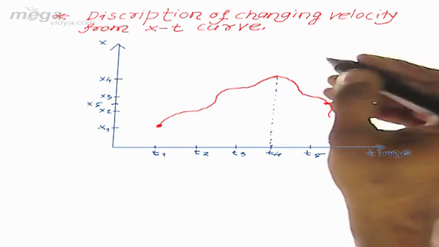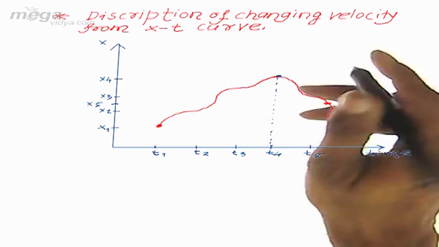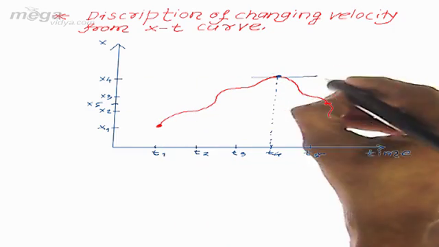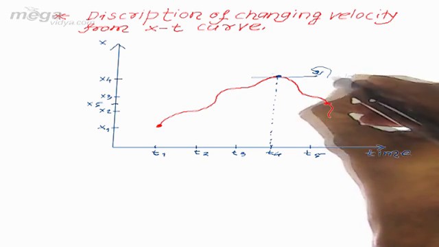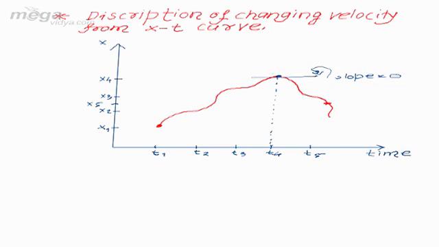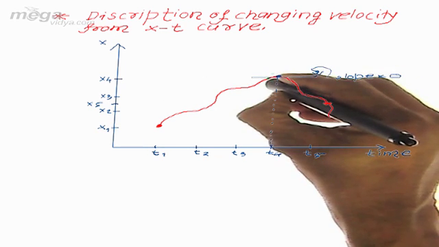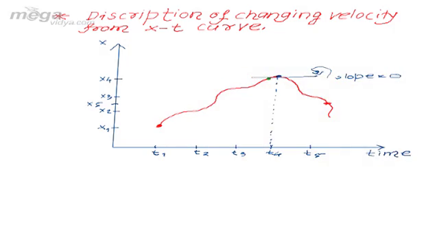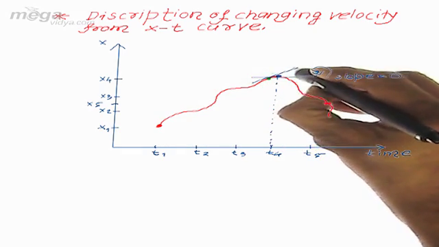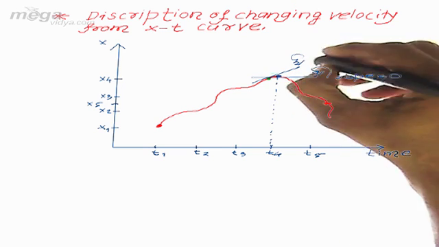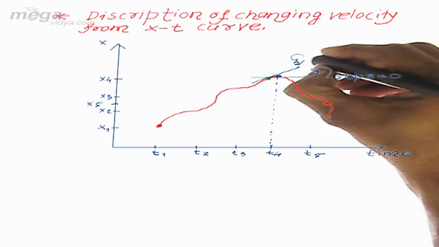We can easily say that the velocity at this time t4 is 0. That's why the tangent here has slope 0, and the velocity of the particle is 0. If we take a point an instant before, at this point of the curve, no doubt the velocity is positive because the angle made by this tangent with the positive time axis is positive.